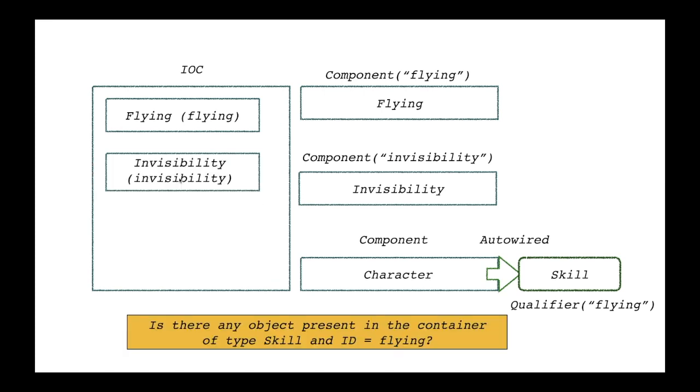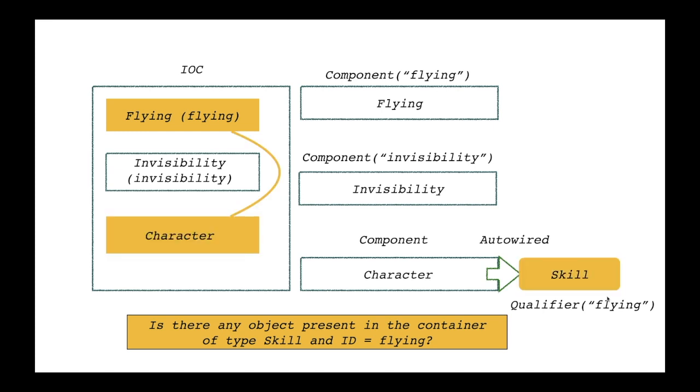And now when Spring looks into this container, initially it was just checking if there is any object of type Skill, but now it is also checking that the object should have an ID called flying. Then it will realize it has one object which is of type Skill with ID flying.